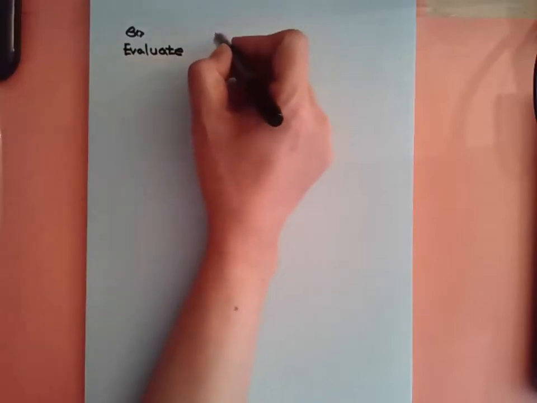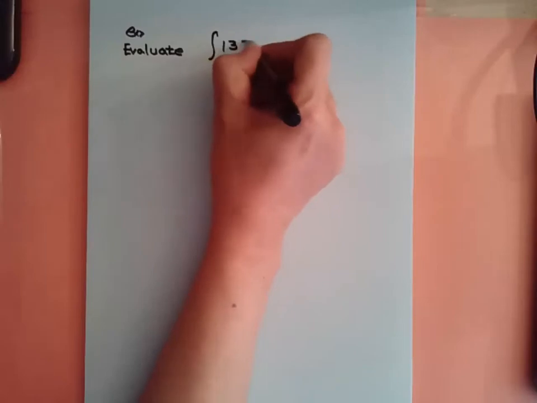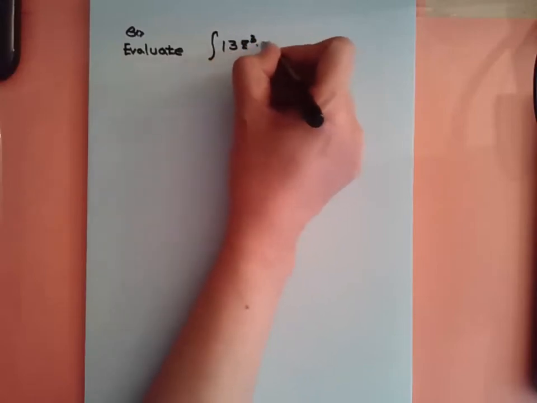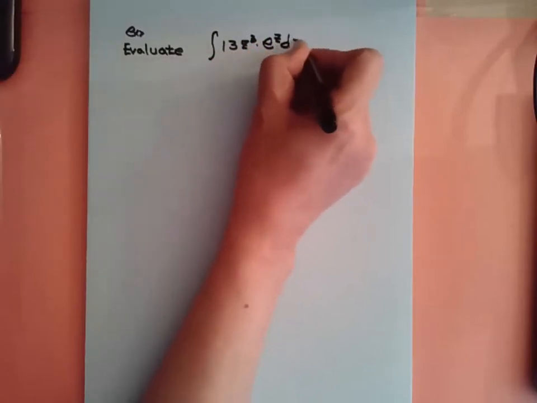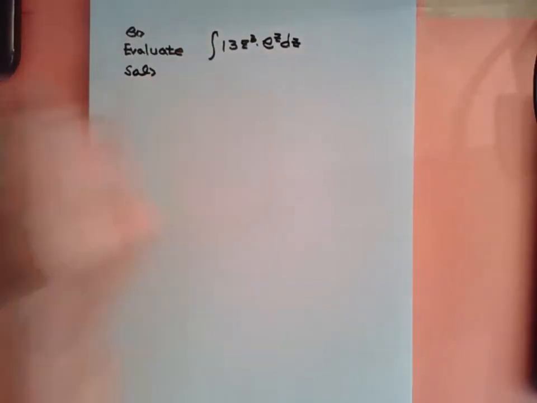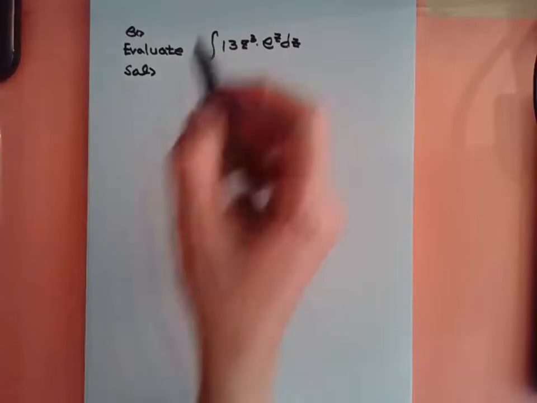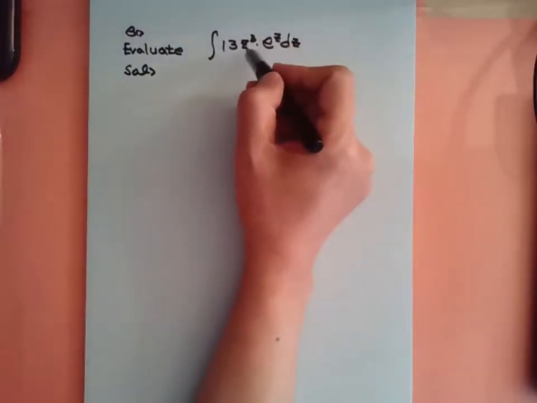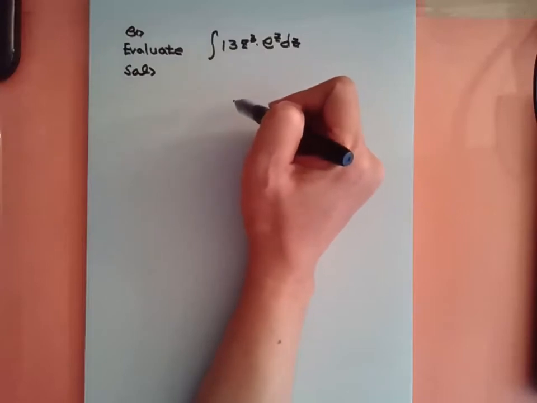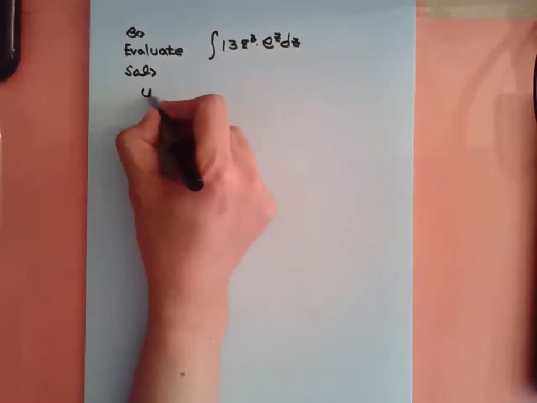Let's do just one more problem in this section. Evaluate 13 z cubed times e to the z dz. When you look at the pattern of the product, what you realize is if you differentiate z cubed, then you will have one less power, so z squared, which is relatively simpler.